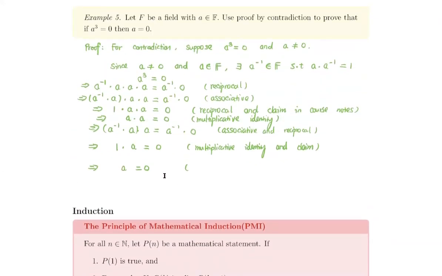Oh, this is not multiplicative identity. This is reciprocal. Reciprocal. Contradiction. Okay.